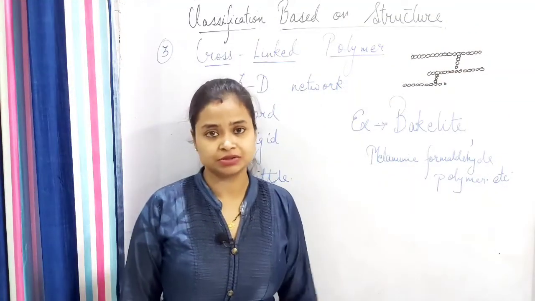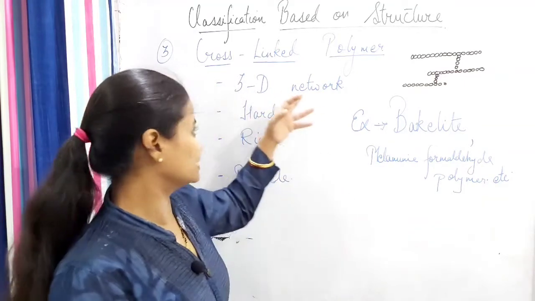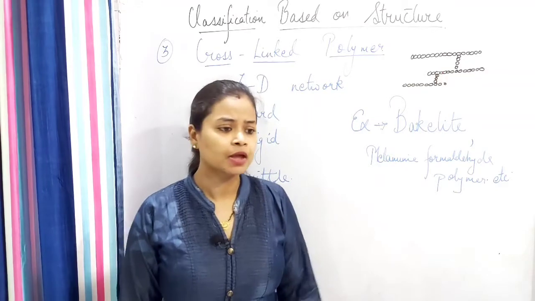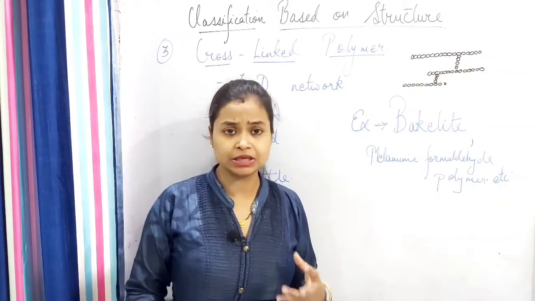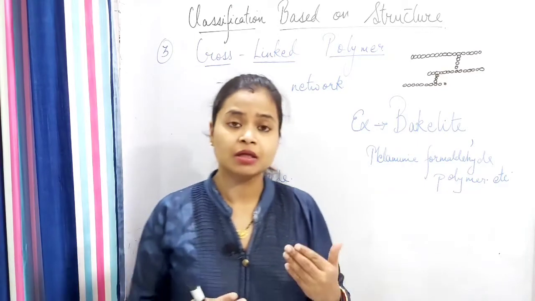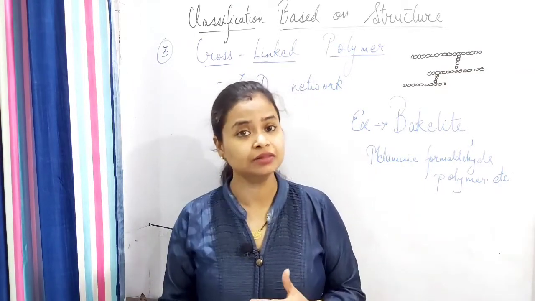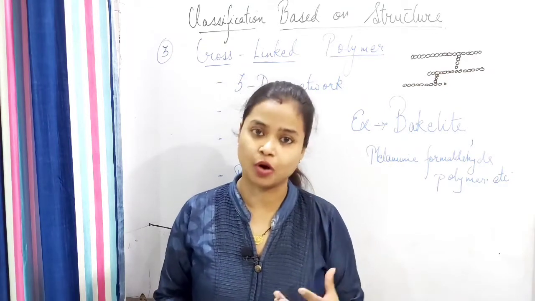On the basis of structure, the third type of polymers are cross-linked polymers. In them the monomeric units are linked in such a way that they form cross links with each other, and hence a three-dimensional network is obtained.